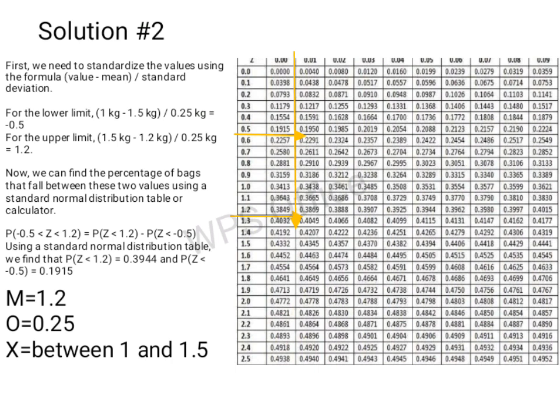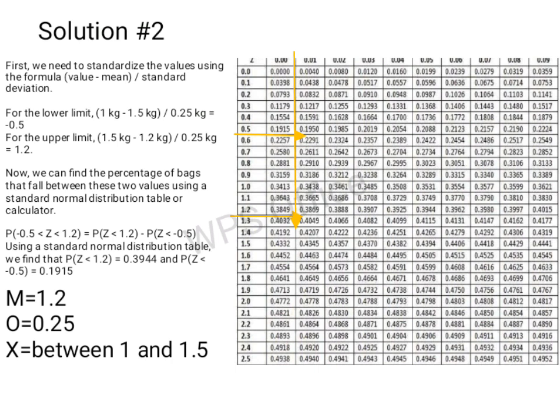Using a standard normal distribution table, we find that P of z less than 1.2 is equal to 0.3944, and P of z less than -0.8 is equal to 0.1915, such that our mean is 1.2, our deviation is 0.25, and our value x will be between 1 and 1.5.